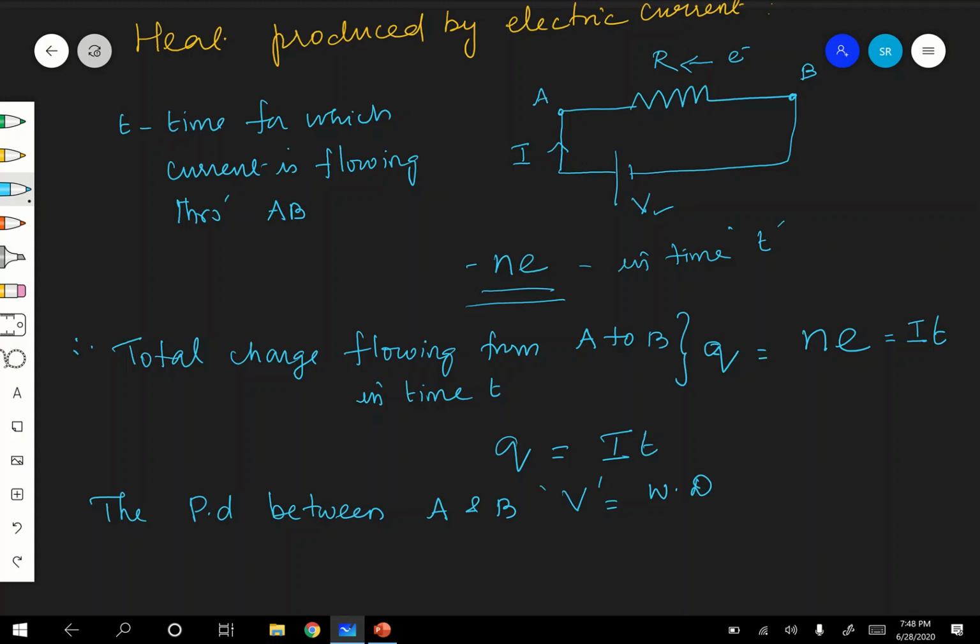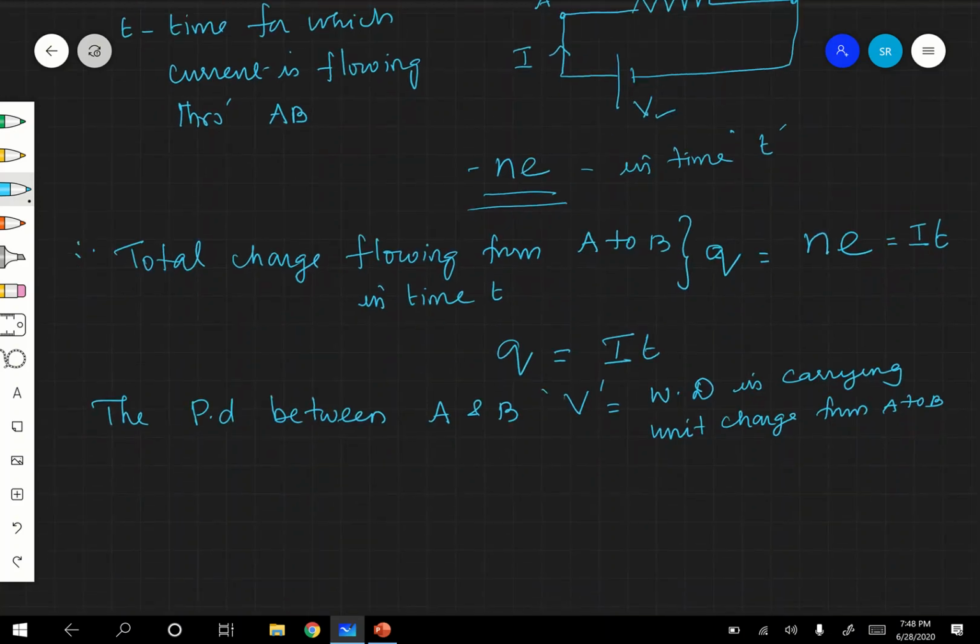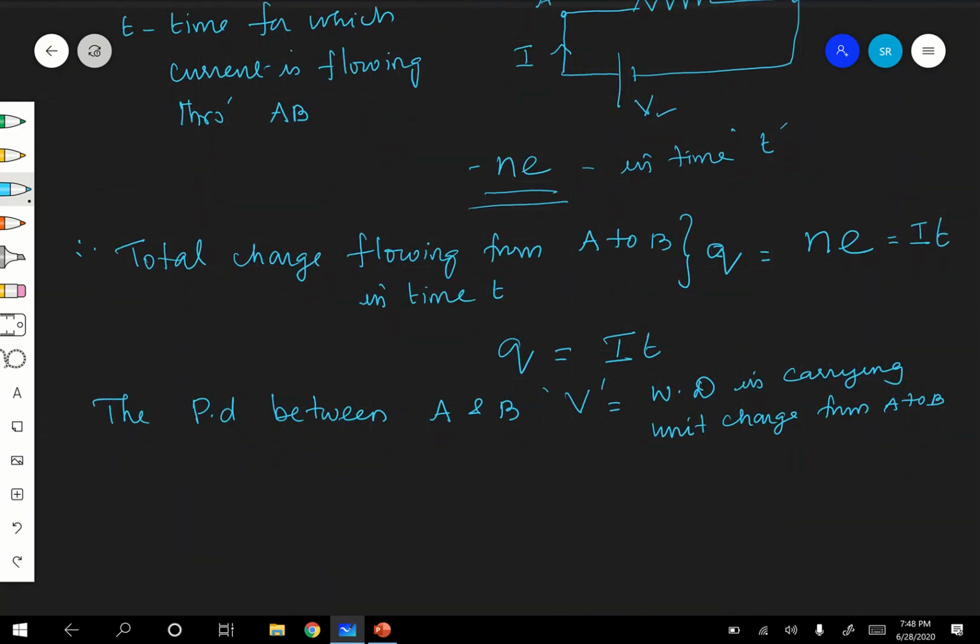Now you know that one. We have seen, therefore, work done in carrying unit positive charge from A to B. Therefore, V is equal to work done per charge Q. Are you following?